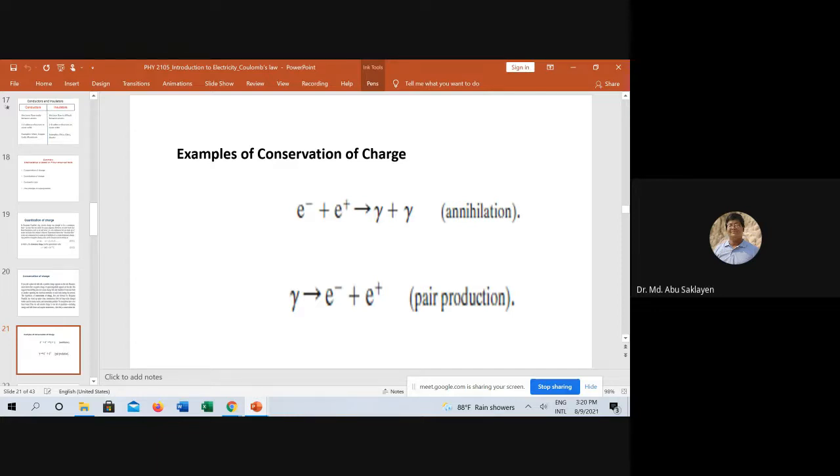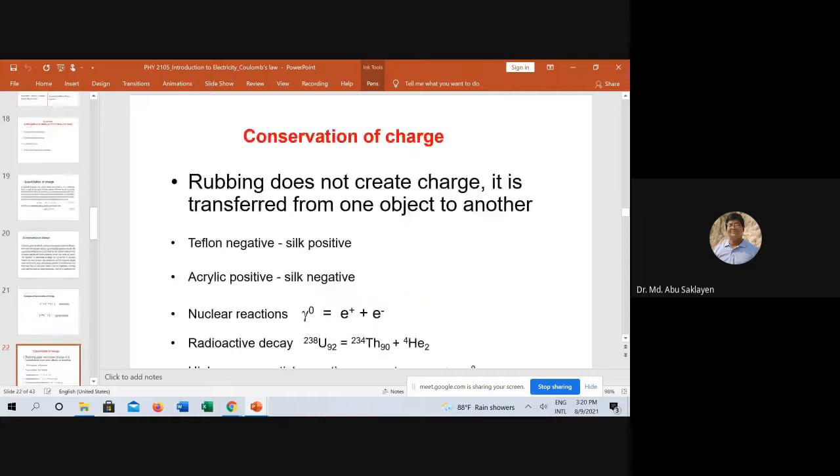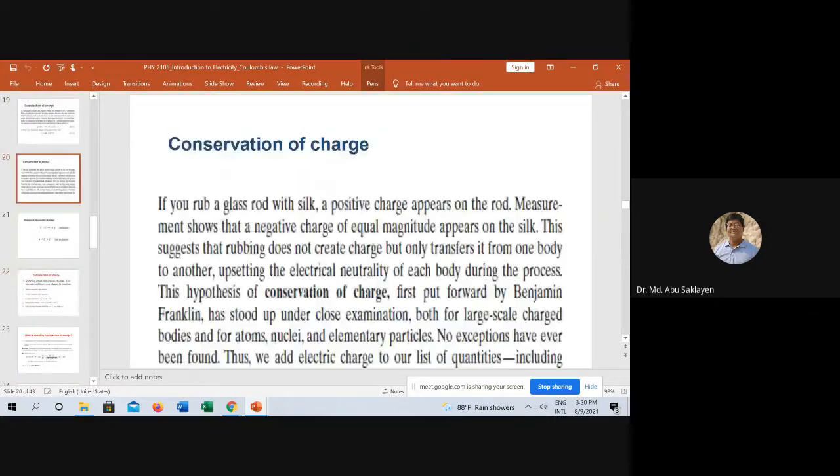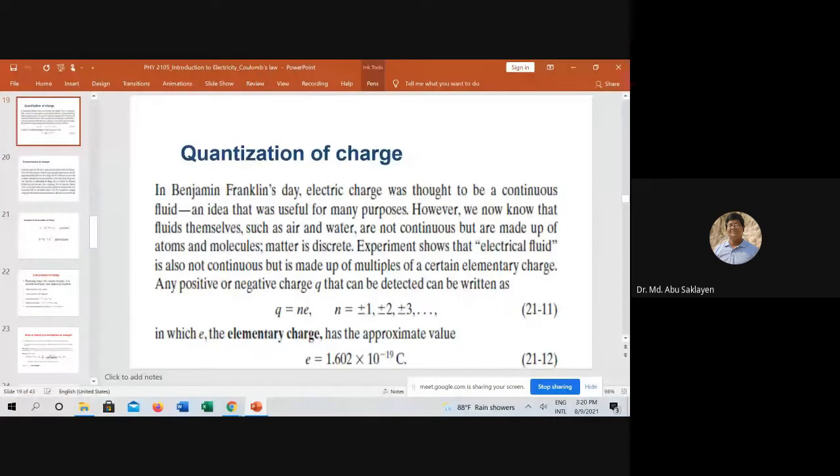About time, we have a few minutes. And quantization of charge. Total charge of an object. Suppose you rub a glass rod with a silk cloth, and what do you get?